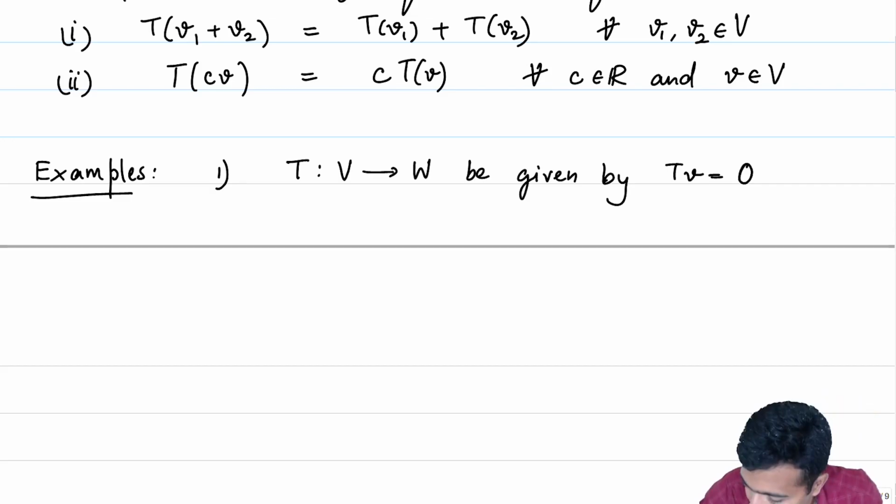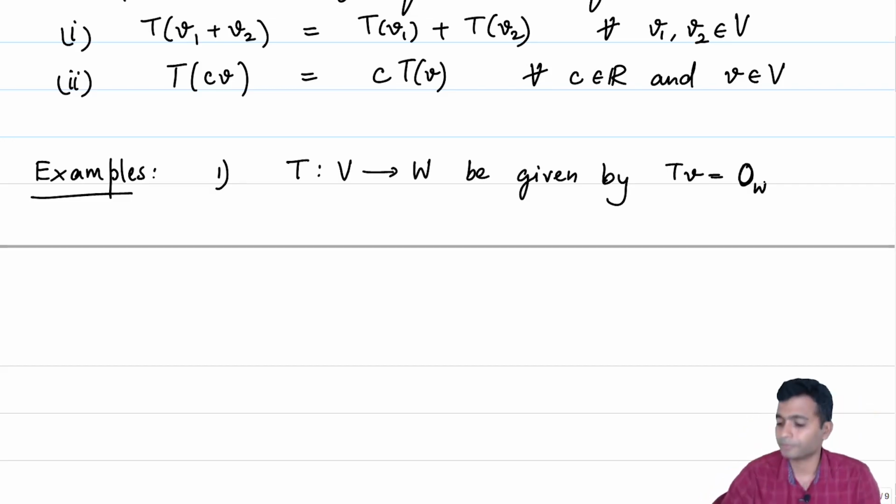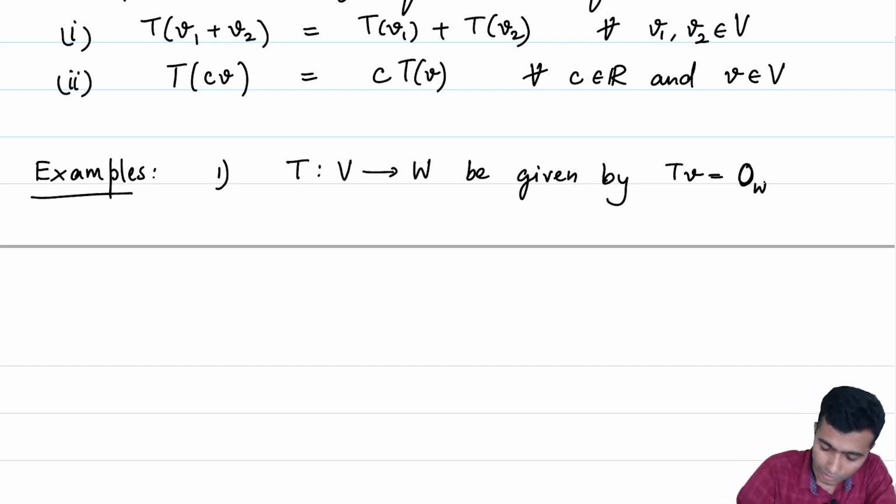So this is the 0 vector in W. Every element of V is being mapped to the 0 vector. So this is called the 0 transformation. This is a linear transformation.